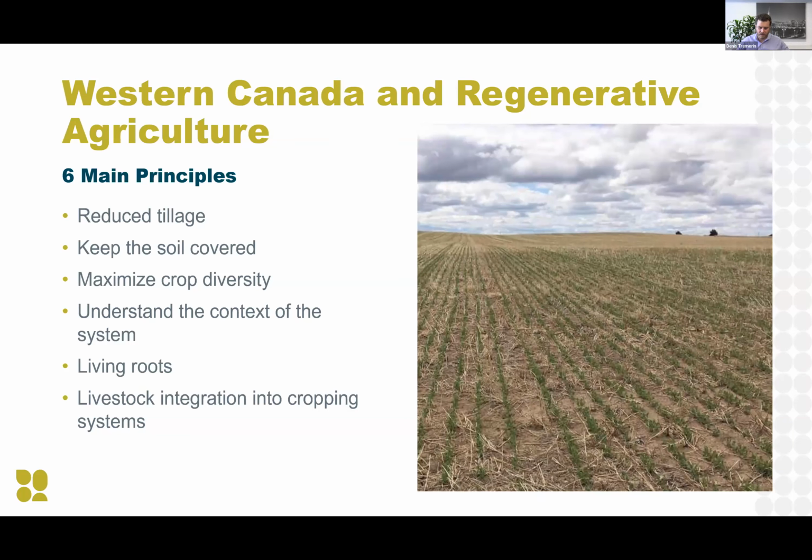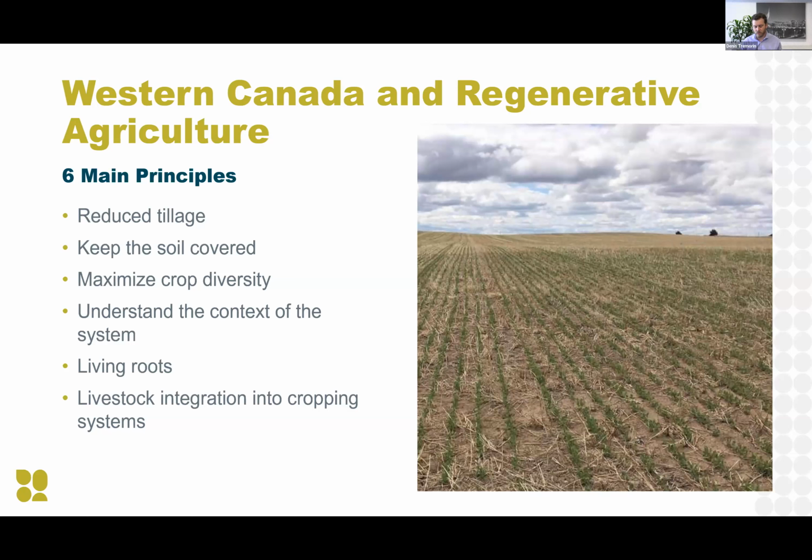I think we have to be careful how we approach this, because in large part, a lot of our systems in Western Canada are in good shape in terms of soil health. We've adopted a lot of these principles, especially where a lot of pulses are being grown: reduced tillage, keeping the soil covered, and maximizing crop diversity.